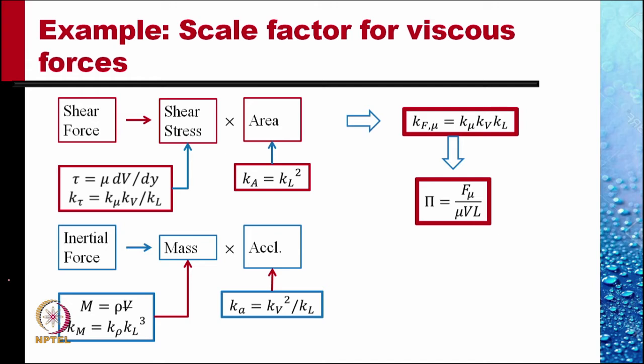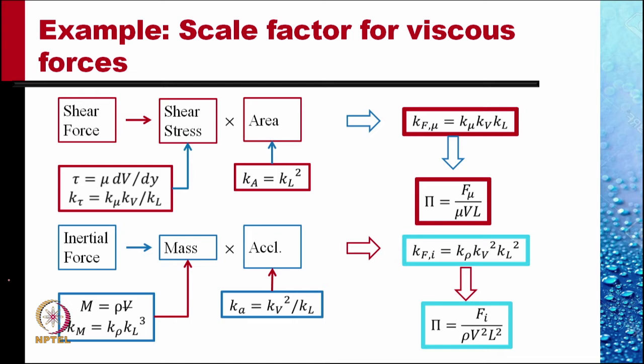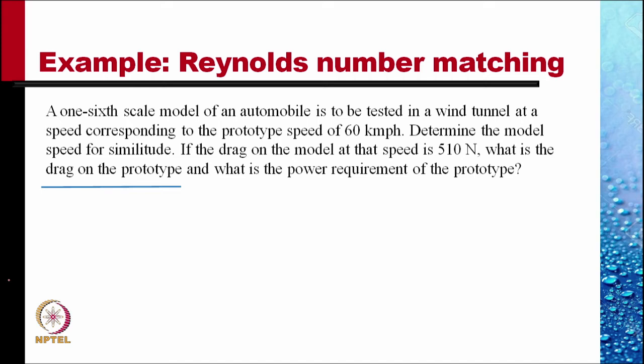This was all done in the last class. From this we obtain Kf inertial is K rho Kv squared Kl squared. And from this I get the pi number Fi divided by rho V squared L squared. Now the two scale factors must be equal. We'll apply this to an example.